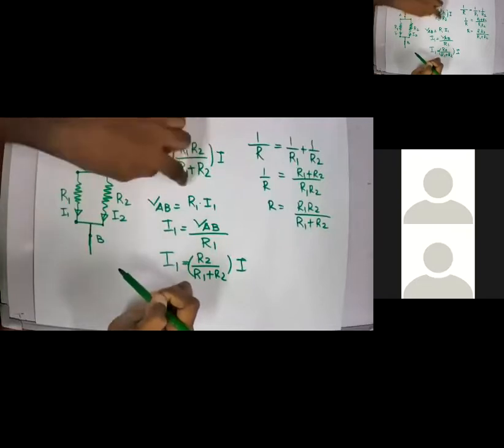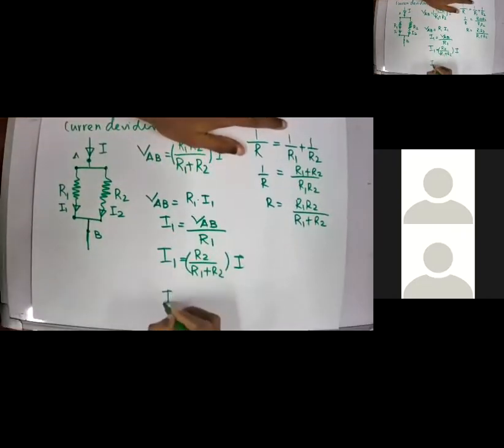When I am dividing it by R2, I can write my I2 as R1 divided by R1 plus R2 times I.